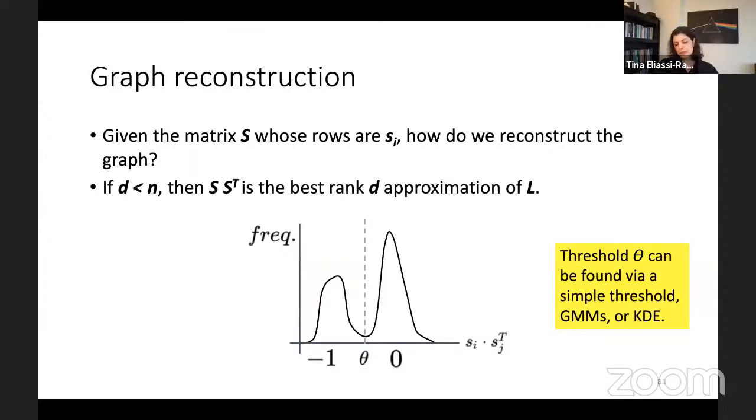And you can find this threshold theta, for example, by using a Gaussian mixture model or kernel density estimation. In the paper, we talk at length about the different methods to find this theta. And of course, in your graph, you're going to have a lot more non-edges, 0, than edges, which is the -1. And the -1 is because you're dealing with the Laplacian.